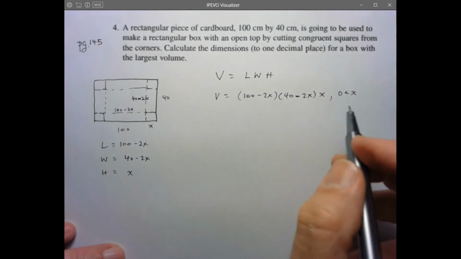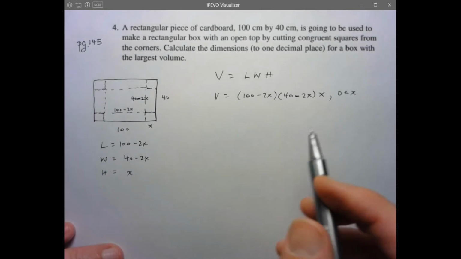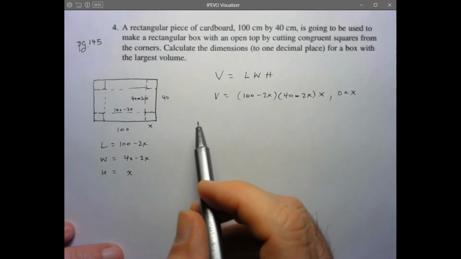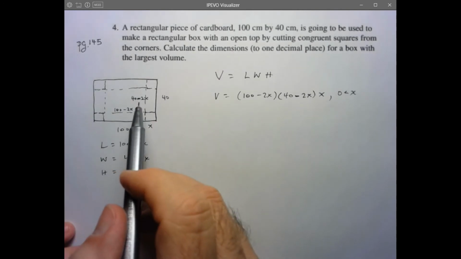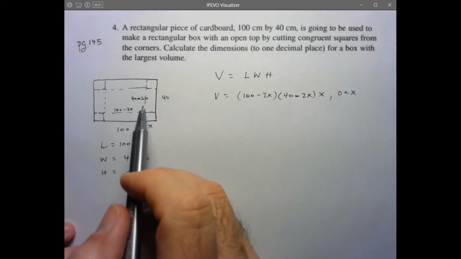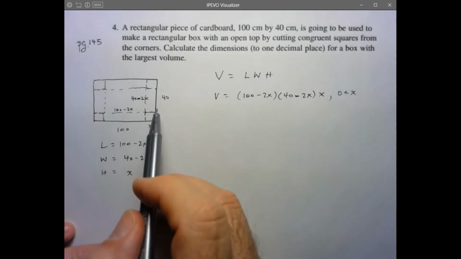Okay, so right off the bat we see we're not working with a closed interval. And in terms of the maximum value, this is where I'm going to focus in on the shorter side, because here remember that this width of the base is 40 minus 2x. So I can't have x being equal to or more than half of this side.